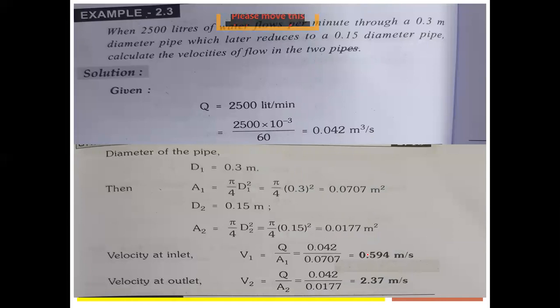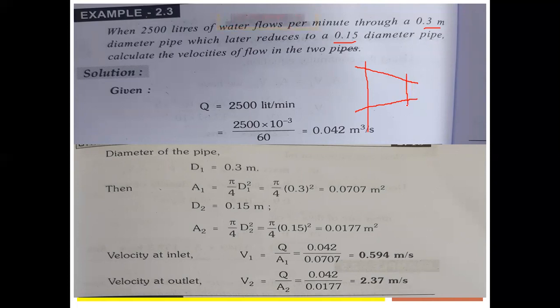Now, if you see the problem: 2,500 liters of water is flowing per minute through a 0.3 meter diameter pipe, which later reduces to 0.15 meter diameter, meaning the diameter of the pipe is slowly reducing. Initially we have 0.3, and here we have 0.15 diameter.